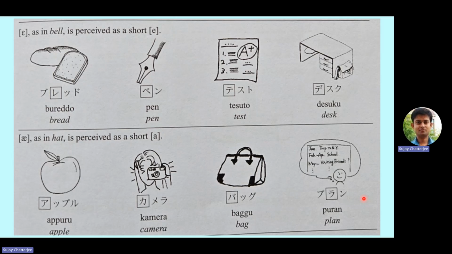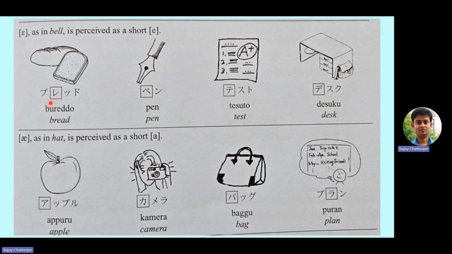Next is the sound as in bell, bread, pen, test, desk. It is perceived as a short e, so again it's very simple. Bell will become beru. Then bread will be bureddo. We will look at the later part in a later slide.